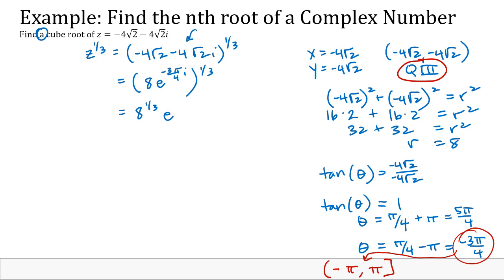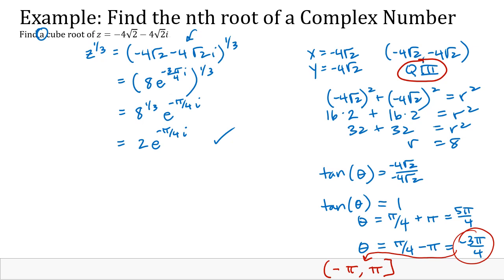The 3's are going to cancel out. I'm left with negative pi over 4 i. So that's not too bad. 8 to the 1/3 is 2. That's real nice. e to the negative pi over 4 i. And that's it, right? That is the cube root written in polar form using Euler's formula.